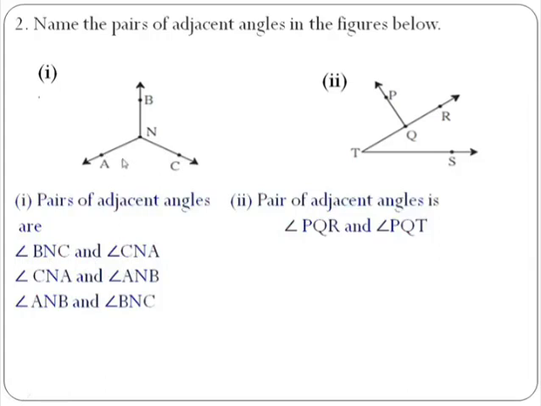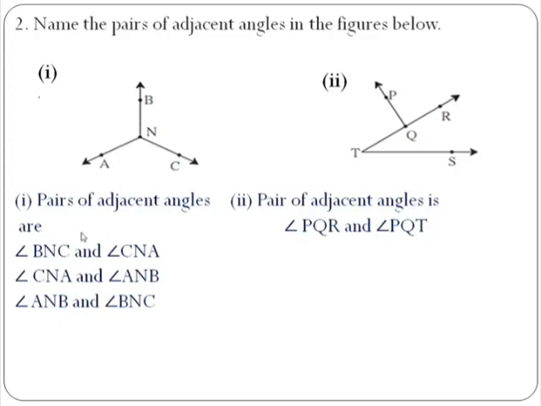Now second, angle CNA and angle ANB. Again, look at these two angles. In these two angles, they have common vertex, common arm and separate interiors. Therefore, the second pair is angle CNA and angle ANB.